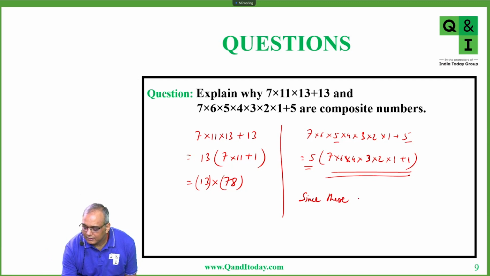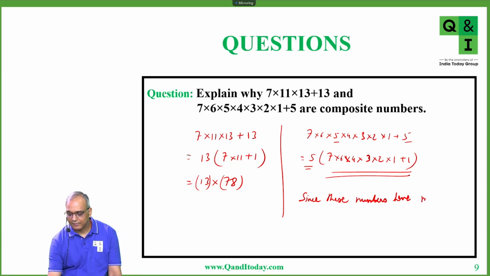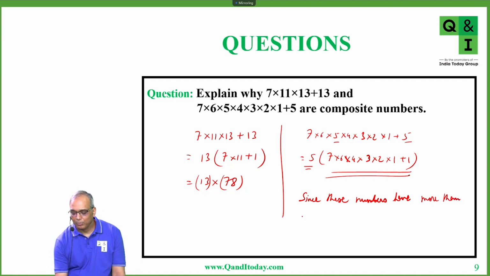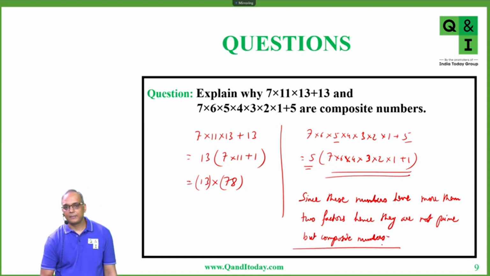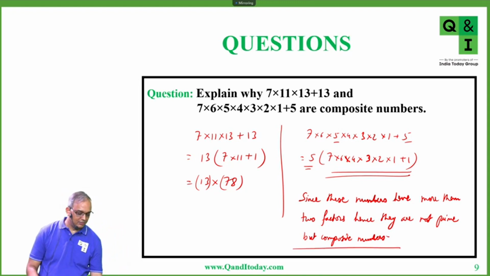Since these numbers have more than 2 factors, hence they are not prime, but composite numbers. Is it clear? Have you understood, students?